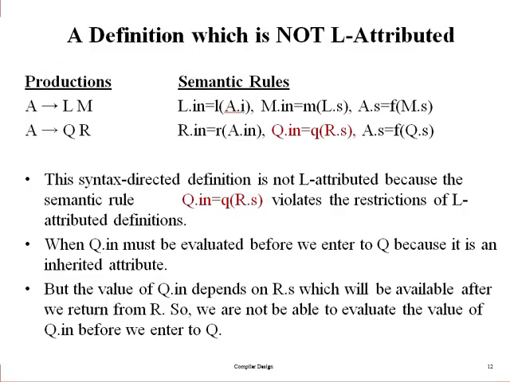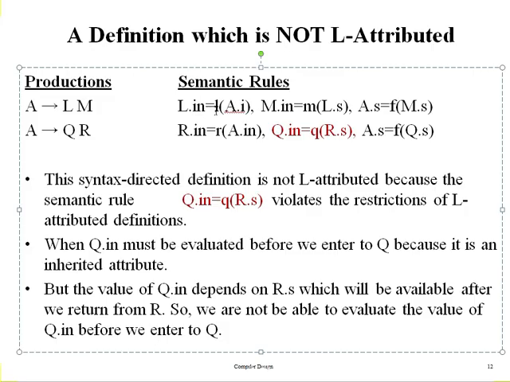So we should ensure that the inherited attribute in is attached to the grammar symbols in a valid way. The inherited attribute of L is calculated from the parent, that's possible.